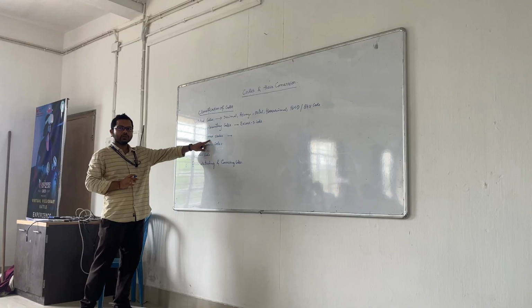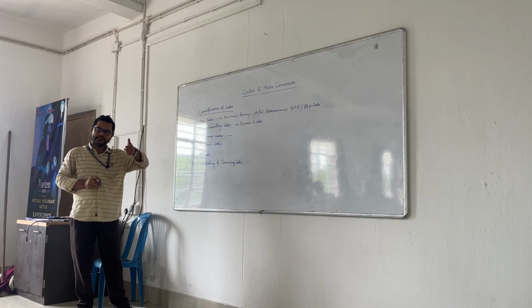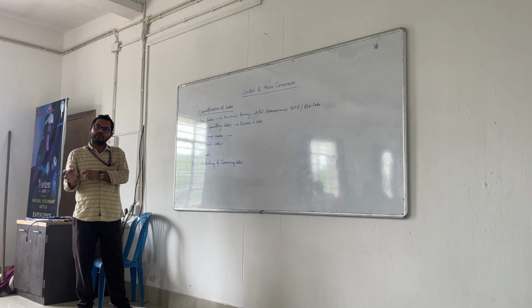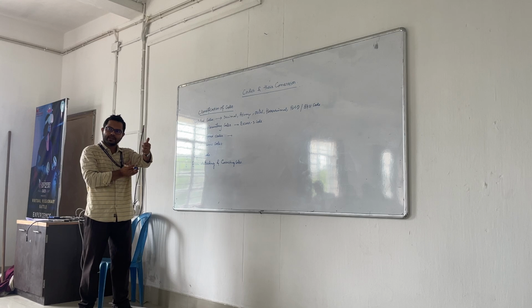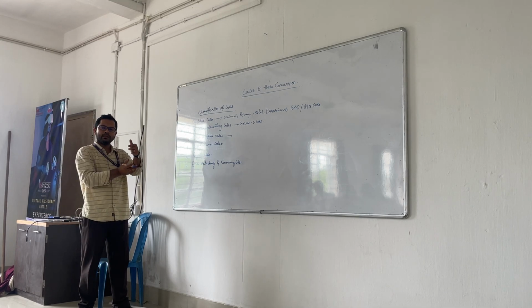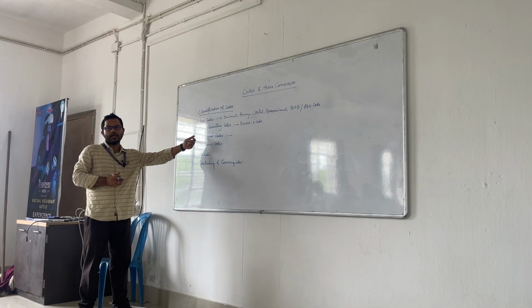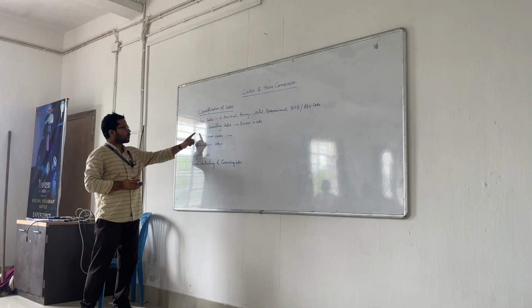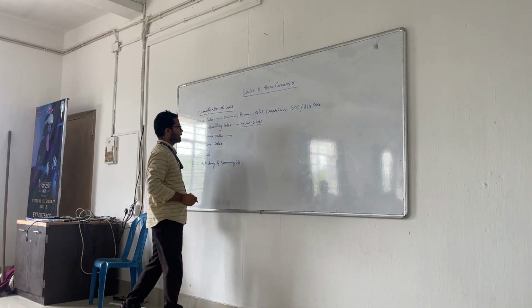Self-complementary means if you do the one's complement of a number, it becomes like this, and if you do the complement of that number again, it will reflect the original number. That's why it is a self-complementary code, like the excess 3 code. I will tell you later.